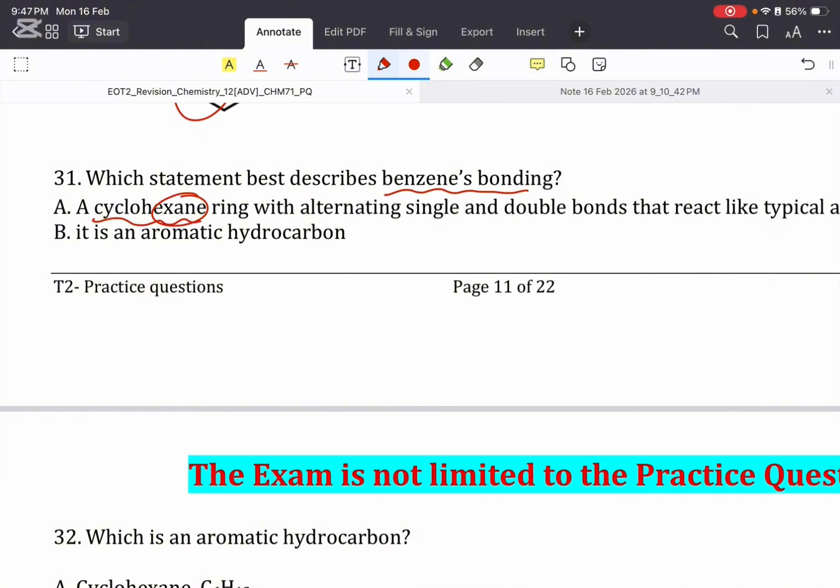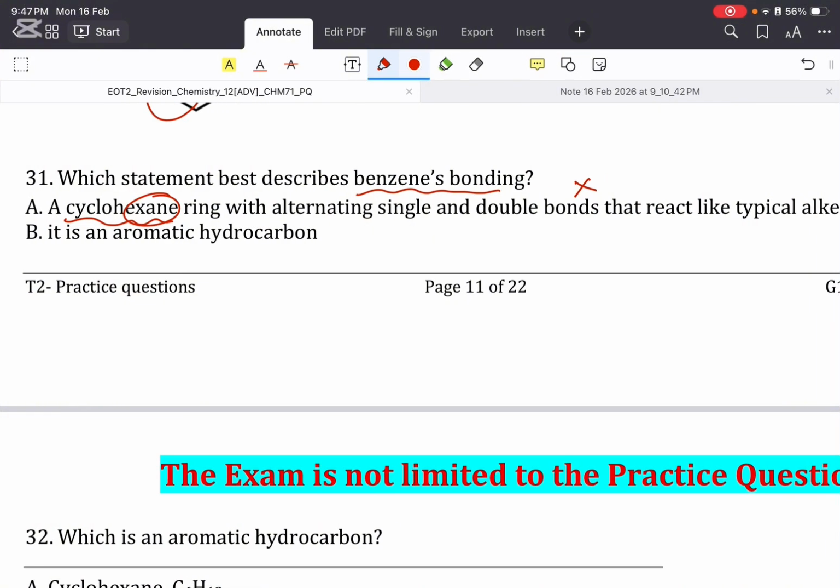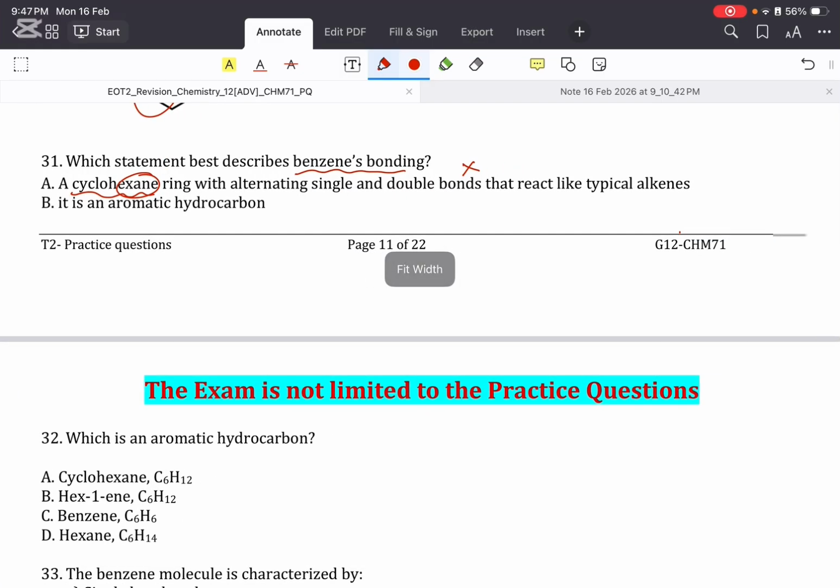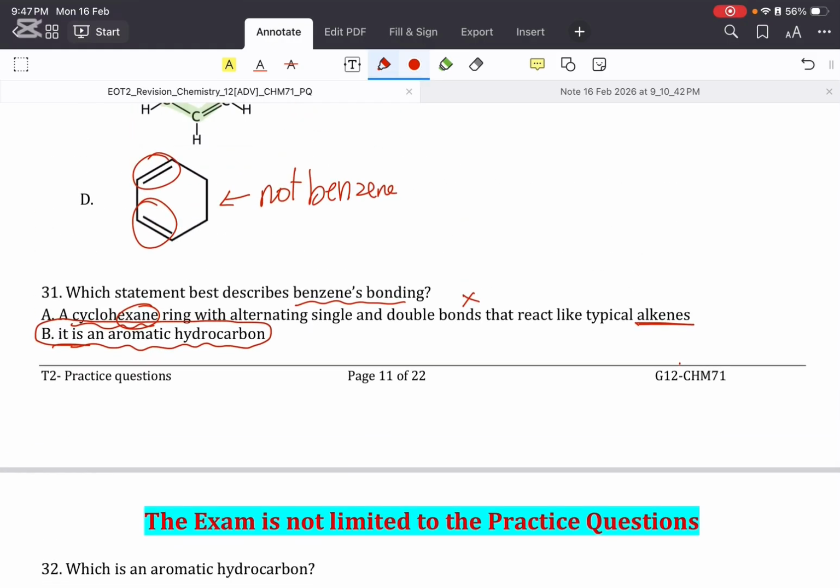So a benzene ring doesn't react like an alkene. So benzene is an aromatic hydrocarbon.